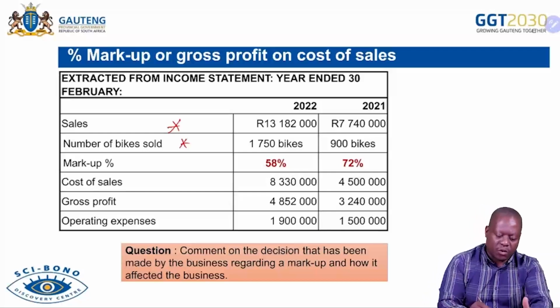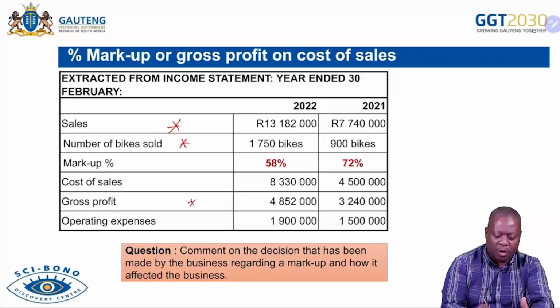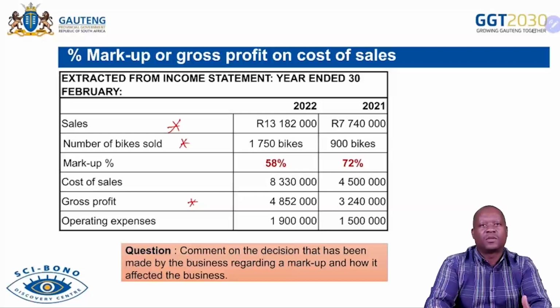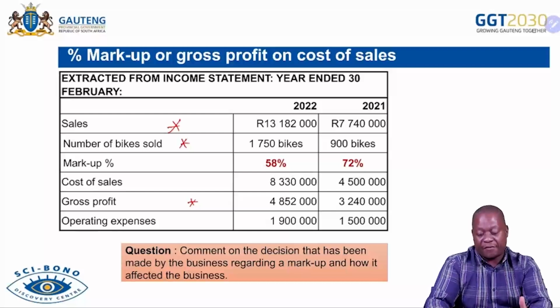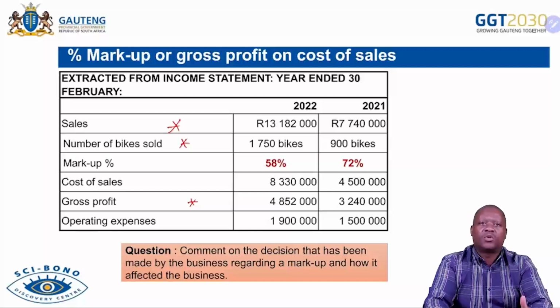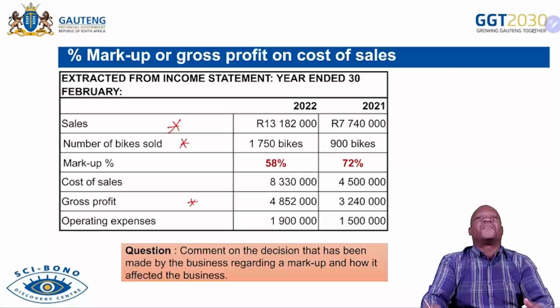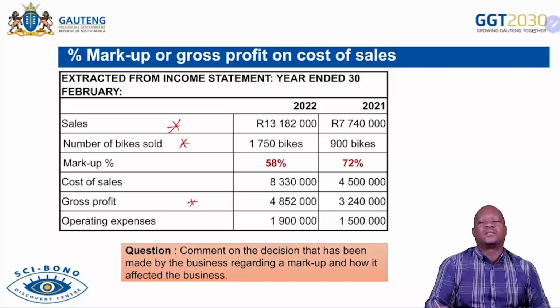Now, I also want you to look into what happened to our gross profit. Though there was a reduction in markup, our gross profit increased from 3,240,000 to 4,852,000. Let's recap.